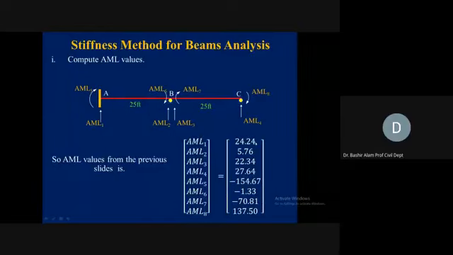Remember, AML will be coming from the diagrams from where we created our ADL matrix. So let's go there. Four things were contributing there: one was the direct loading, then rotation at A, then settlement at B, and settlement at C. Let's take those effects and verify this 24.24.